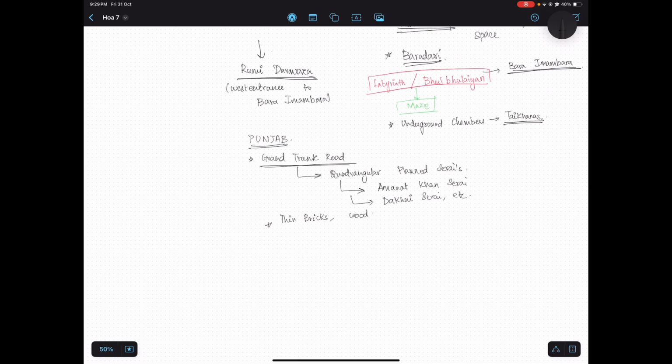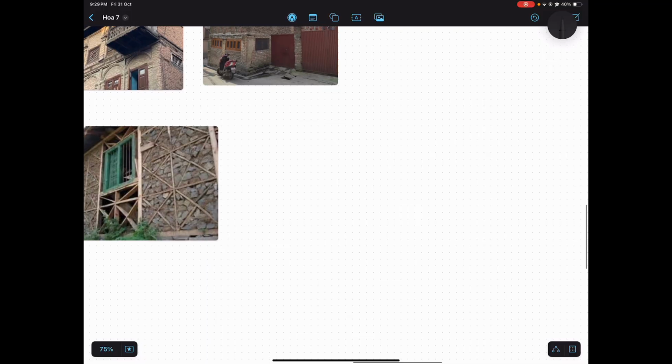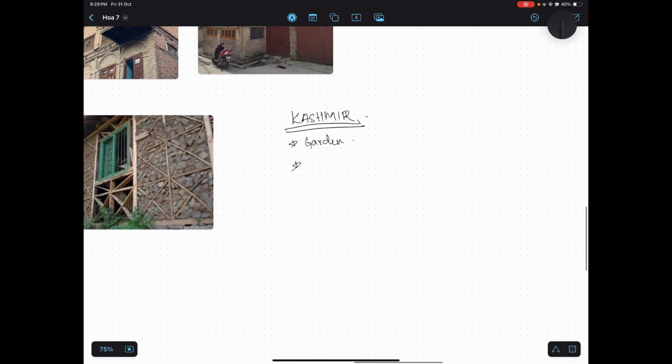And now let's move on to Kashmir. So Kashmir, we all know it's famous for its gardens. So they had Shalimar Garden and many such gardens over there. But if we look for buildings, they used a lot of woodwork.